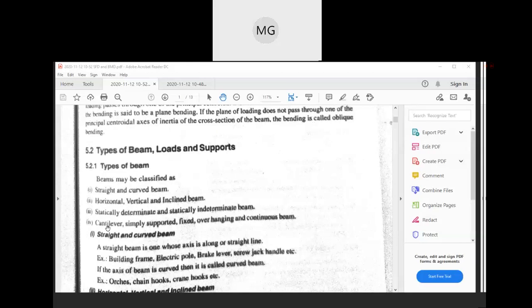We analyze beams which are cantilever, simply supported, fixed, overhanging, and continuous. You might have learned this again, if you remember, maybe in PU or in first year. You may remember, or you may have come across this type of beams. But anyhow, we will tell again.